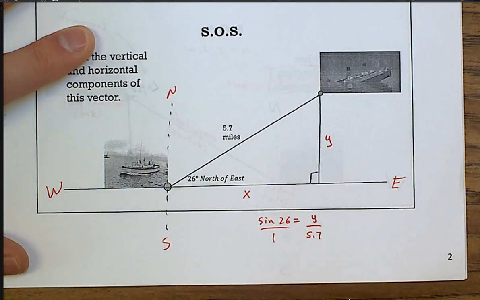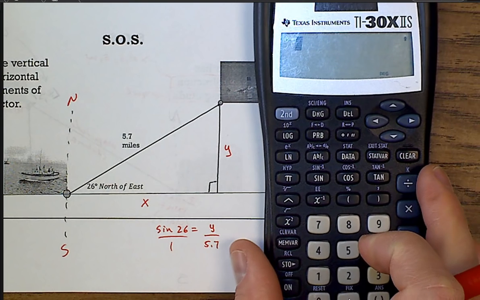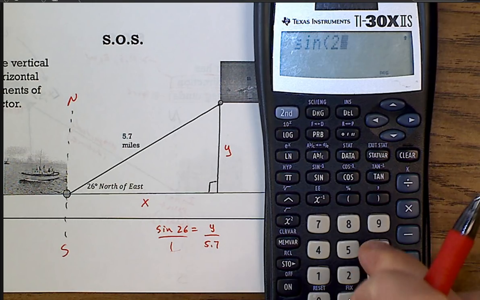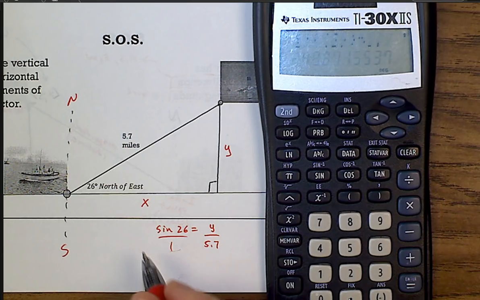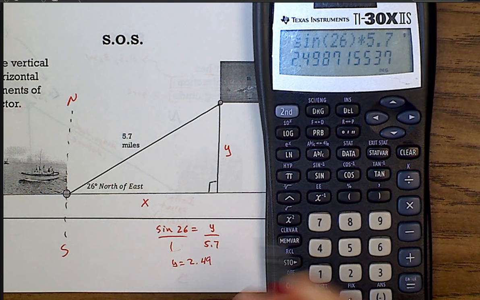Okay? And so all we do to find our y is we're going to take sine of 26, get my calculator in here, move this over just a touch. We're going to go sine of, because we're going to cross multiply here, right? So y times 1 is y. Sine of 26 times 5.7. And I get y equals 2.49. Okay? So that's my y value, found my y.